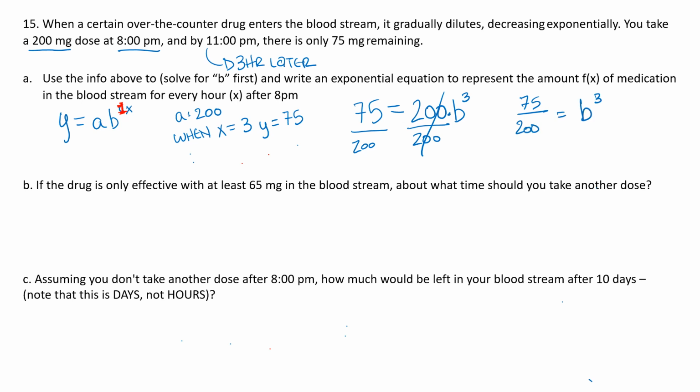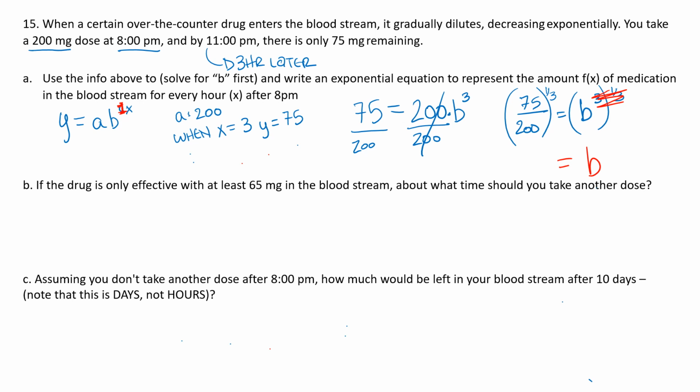What's the opposite thing of raising to the third power? It is raising to the 1/3 power or taking the cubed root. Either way, raise both sides to the 1/3. This cancels out the 3 and the 1/3, so this actually gives us our b is equal to. Now in this equation, because we're going to need to use it, I'll actually solve through with you. So type this in your calculator and make sure you have the 75 over 200 in parentheses.